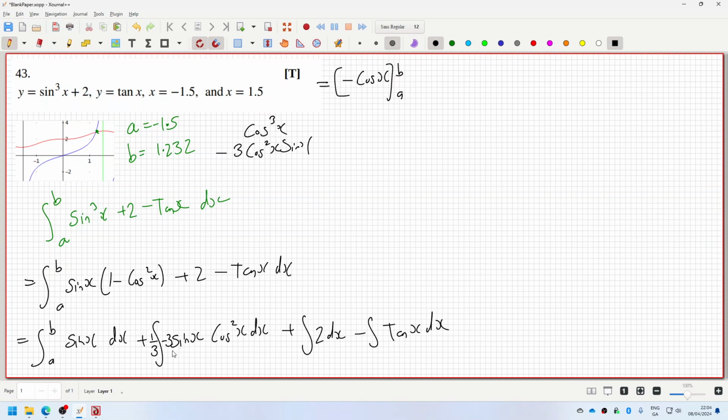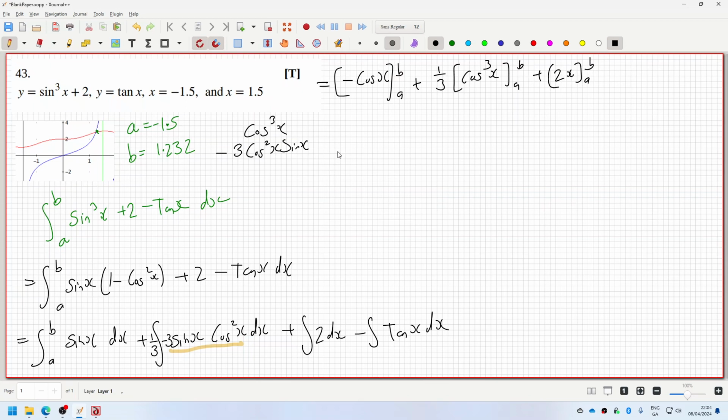So you can see quite clearly that this here is the derivative of cos cubed, because that would be minus 3 cos squared sine x. So then the next one here would be plus 1/3 cos cubed x a to b plus 2x a to b.